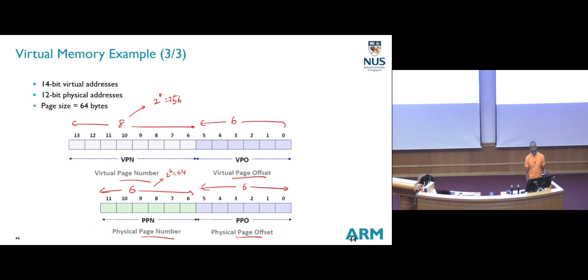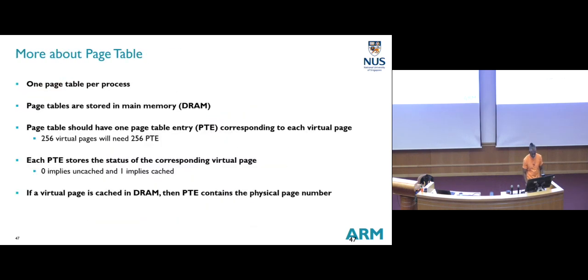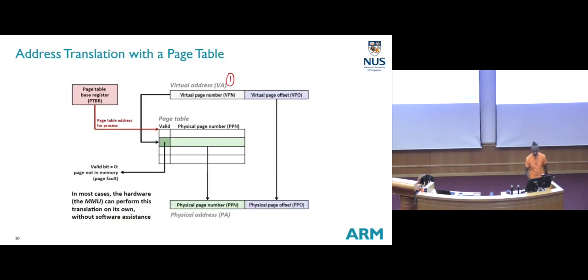Coming back here, I will split my virtual address into page number and page offset. The page offset is the same for the virtual and the physical. That means this page offset chunk, the 6 bits here, is copied over as the same physical page offset for the physical address.